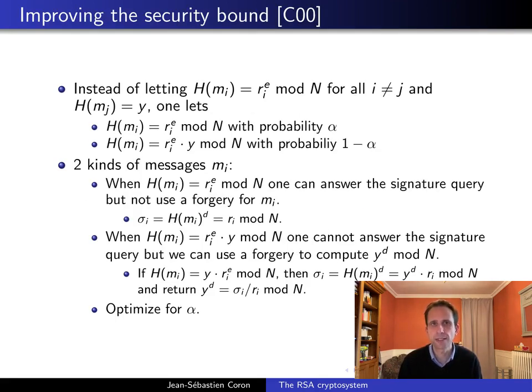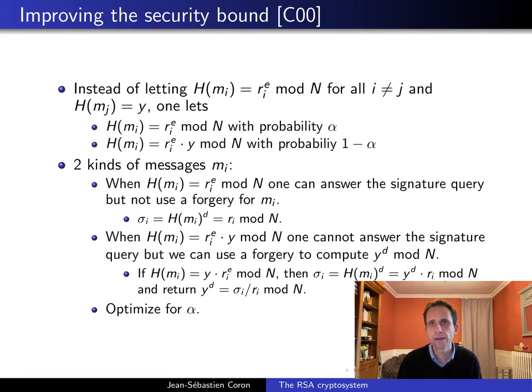And now there is a technique to improve the security bound, because we would like to decrease this penalty factor between inverting RSA and breaking full domain hash. And so for this, we can use the following trick. Instead of letting h of mi equal ri to e modulo n for all indices i different from j, and letting h of mj equal y, we are going to use y more often.